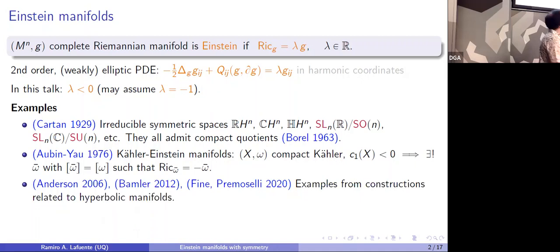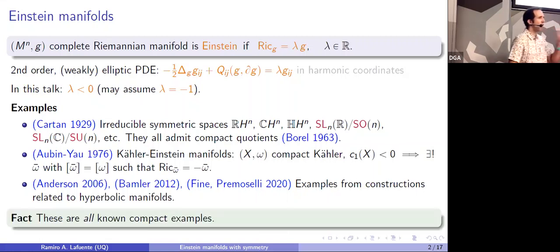And then there were some issues in this paper fixed by Richard Bamler in 2012. And there's a very recent paper by Joel Fine and Premoselli in 2020, where they construct new examples of compact Einstein manifolds. All these constructions are very complicated, but they are all related somehow to hyperbolic manifolds. I don't want to say too much about this. Now, these are not only some examples. In the compact case, these are all known examples, as far as I know.